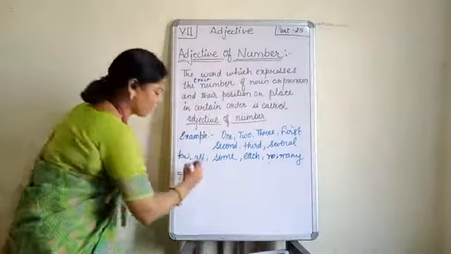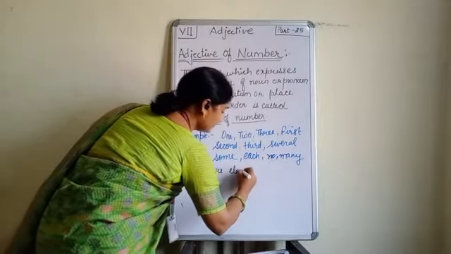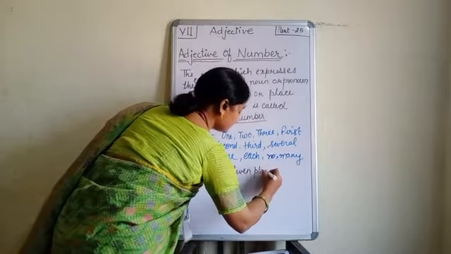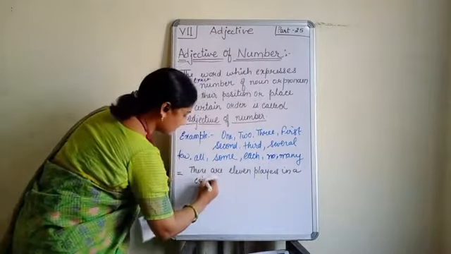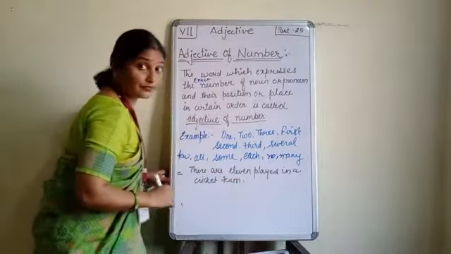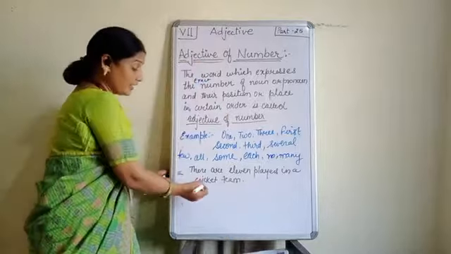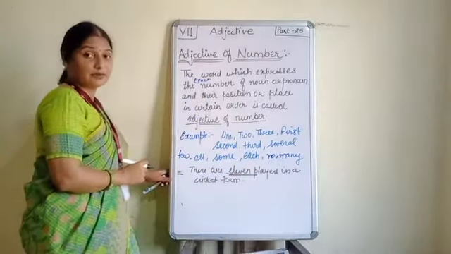Suppose if I used to write, there are 11 players in a cricket team. Clear? This is named as adjective of number.